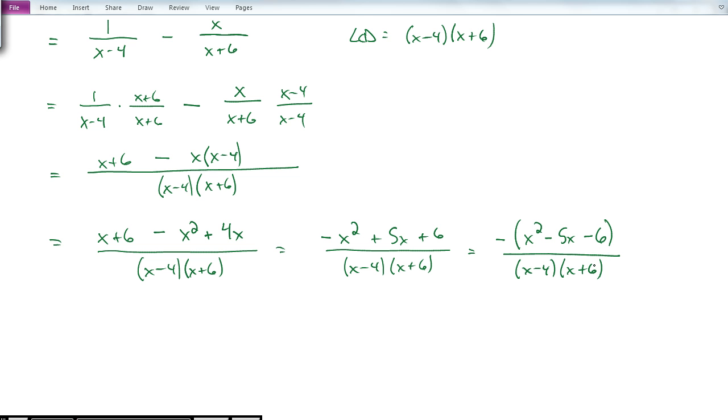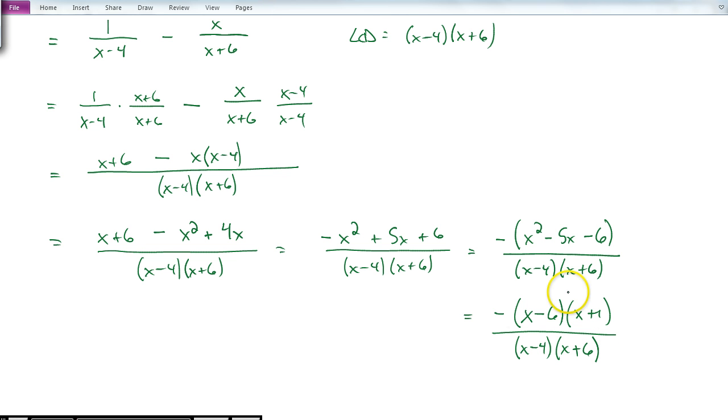Does that numerator factor? X squared minus 5x minus 6. I believe it does. I believe it factors into the opposite of x minus 6 times x plus 1, all over x minus 4 times x plus 6.